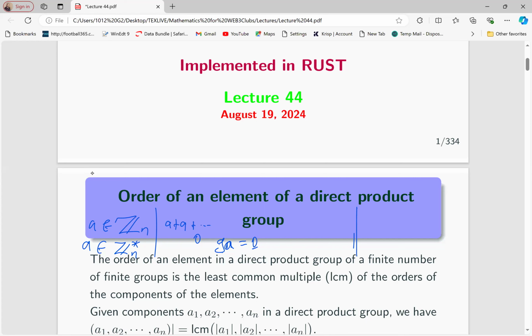So for instance, supposing I have this group Z3, this is an additive group. And then somebody asks me, what is the order of 2?